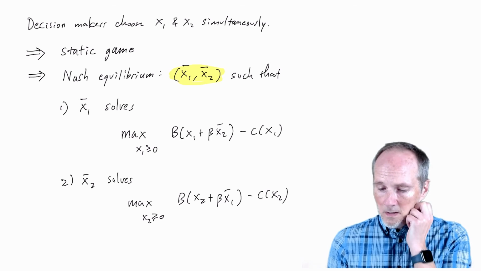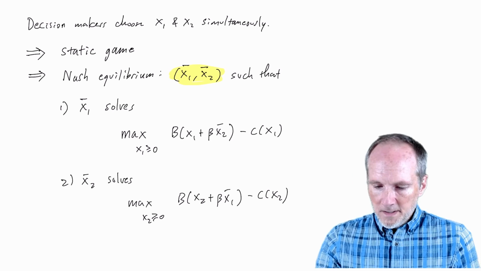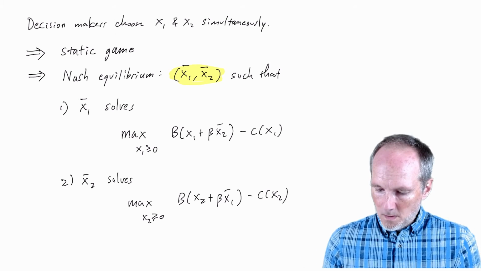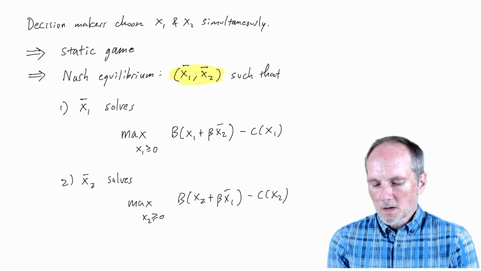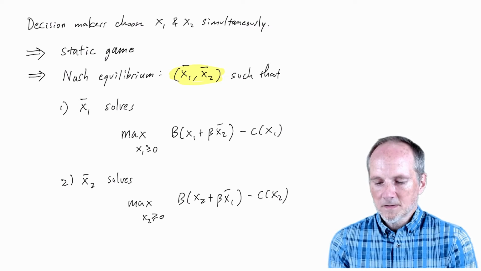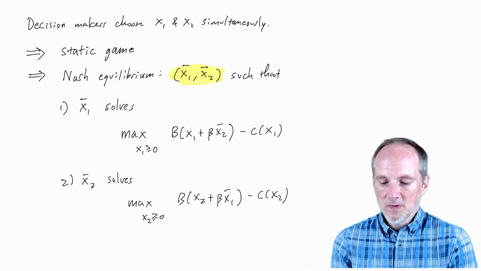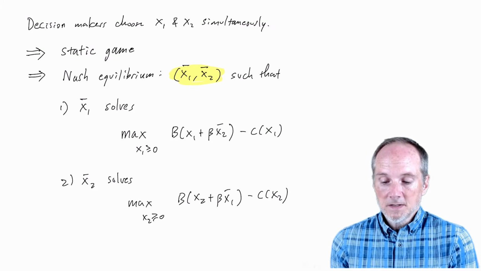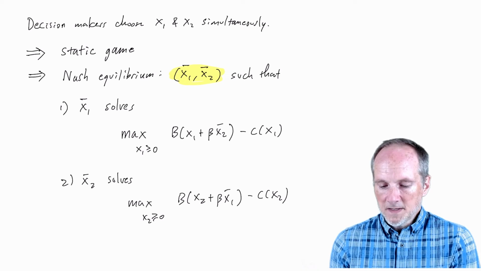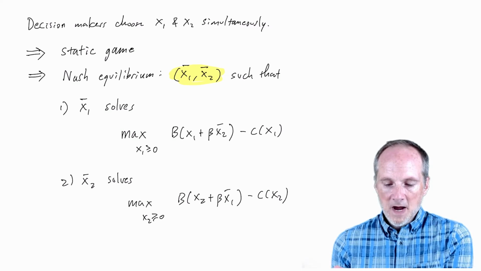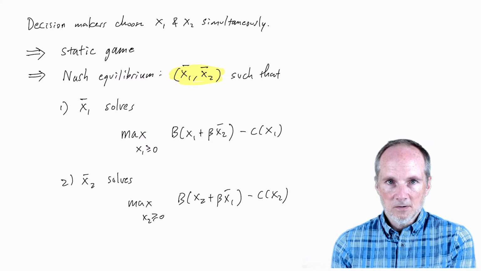So let's think about, well, let's solve this. And in doing this, for this discussion, I'm going to assume that there is a Nash equilibrium, and I'm not going to worry about the case where either decision maker is just choosing 0, okay?